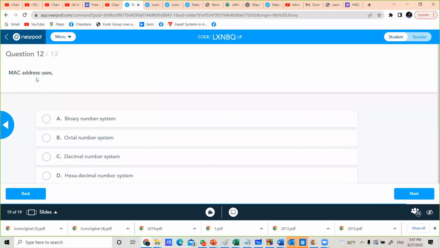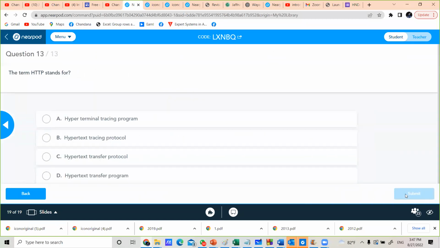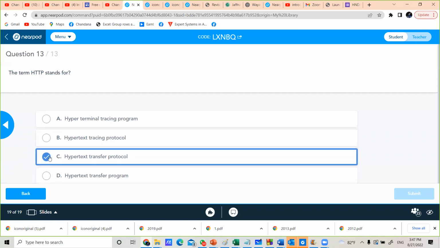Question number 12: MAC addresses use binary, octal, decimal, or hexadecimal number system? It uses the hexadecimal number system. Then the last question: the term HTTP stands for Hypertext Transfer Protocol. This should be the answer, the third one.